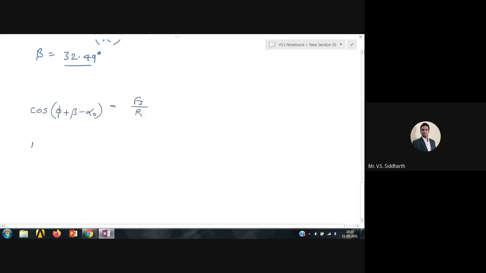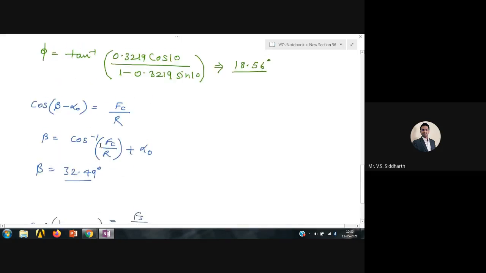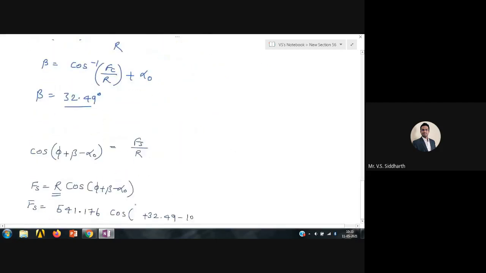So what will be the value of my shear force? Fs equals R cos(phi plus beta minus alpha naught). How much is the value of R? 541.176 cos. How much is the value of phi? Beta is 32.49. Alpha is 10. And how much is phi? 18.56.